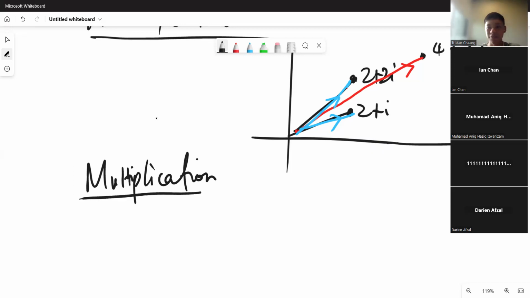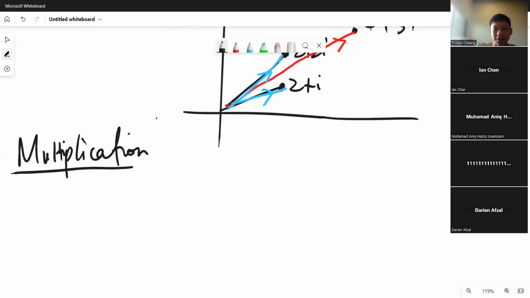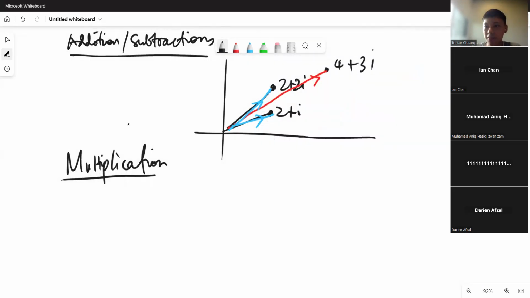So multiplication of two complex numbers. Let's just try an example first, right? In fact, let me just enable a grid system. Now, can anyone tell me two simple complex numbers that I can easily draw on the plane?